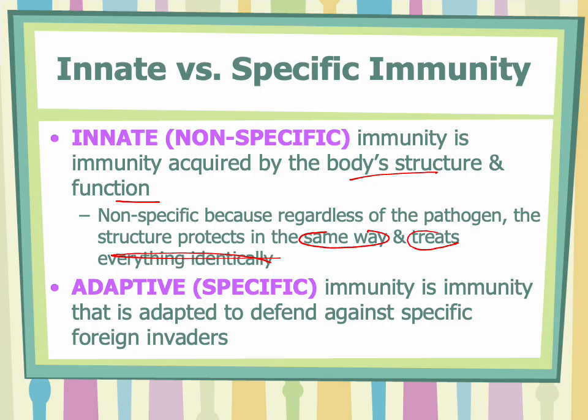Adaptive specific immunity is immunity that is adapted to defend against specific foreign invaders. Think about a lot of things that our bodies have developed defenses against, such as antibodies.